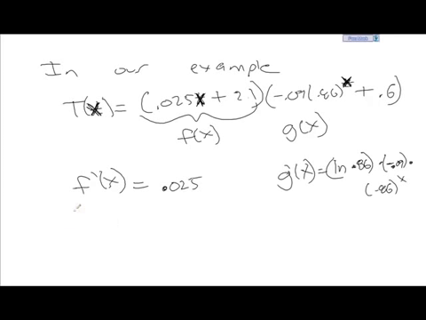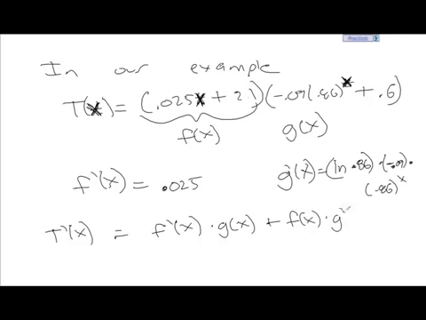So then we're saying that the derivative of the total function will be f prime of x times g of x plus f of x times g prime of x. Okay, so now all I have to do is go and figure out what these pieces are.